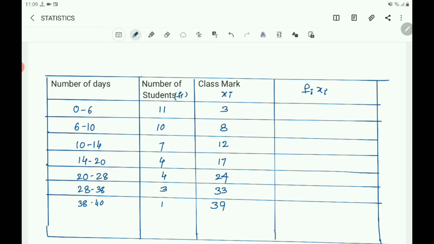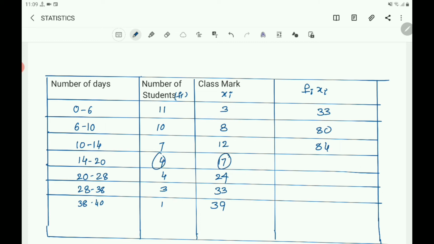Then you take the Fi Xi, Fi into Xi. 11 into 3 is 33. Then 10 into 8, 10 8s are 80. Then 7 into 12, 12 7s are 84.